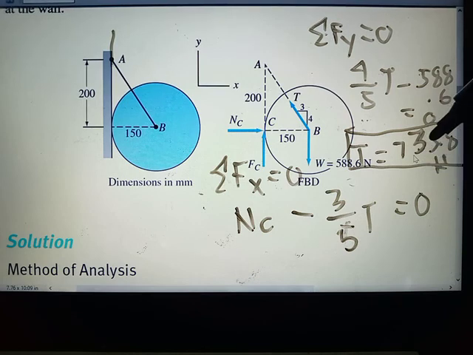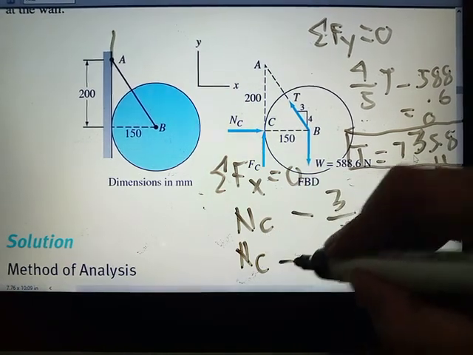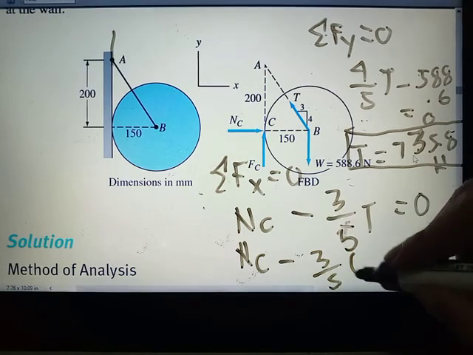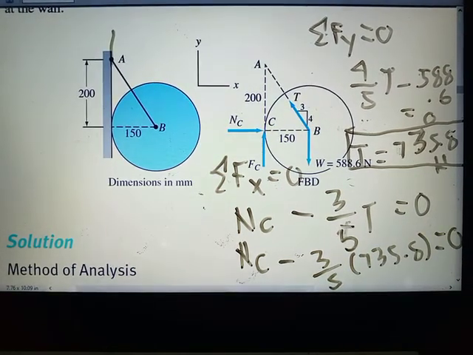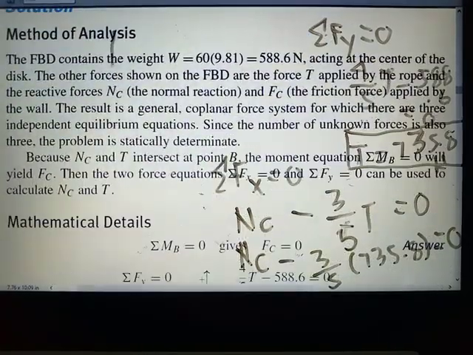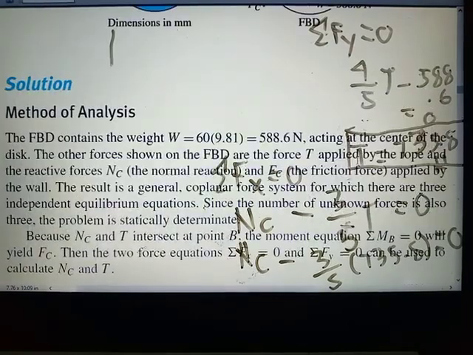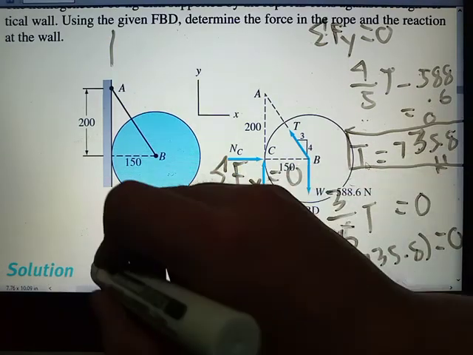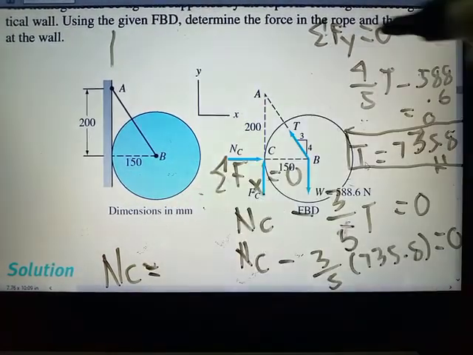After that, you substitute this value into the equation here below, so you can answer NC. According to the book, your NC is 441 Newton. Please check.